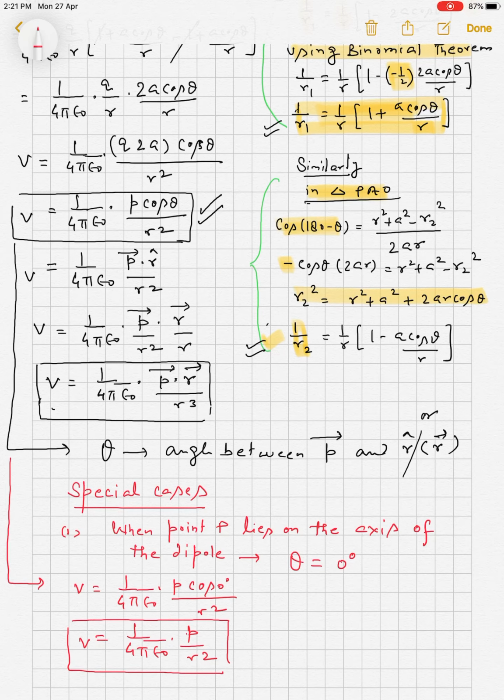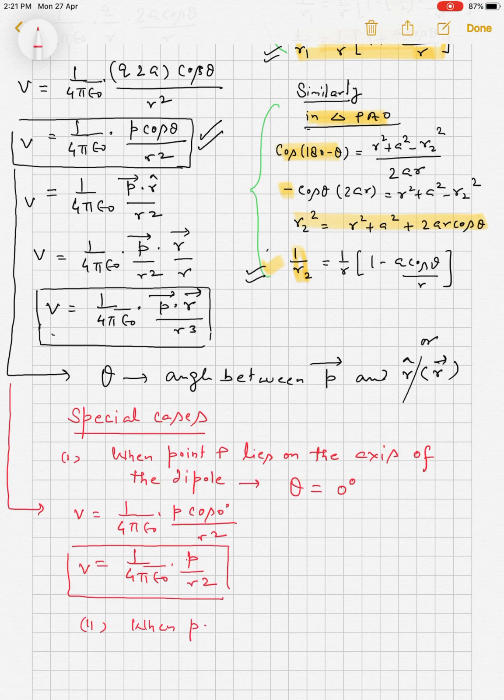Now the case 2, when point P lies on the equatorial line, equatorial line means a perpendicular bisector to the axis of the dipole. So in this case theta is equal to 90 degree.